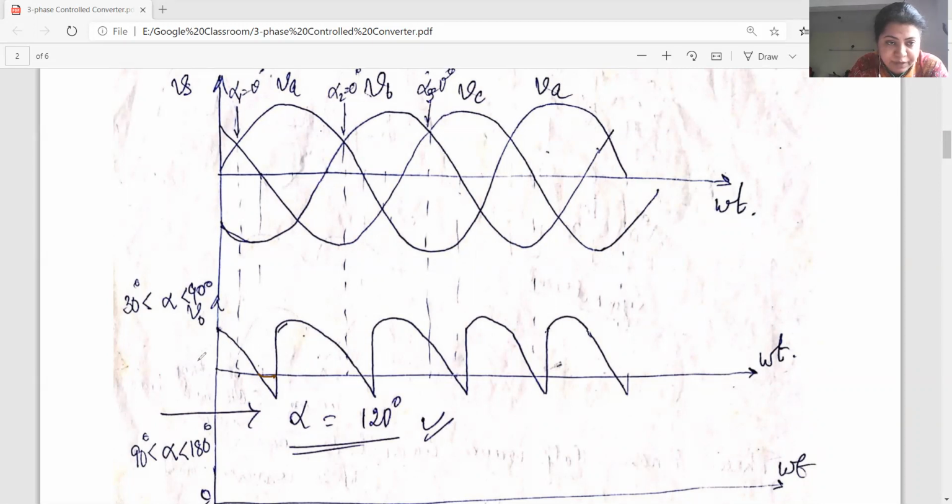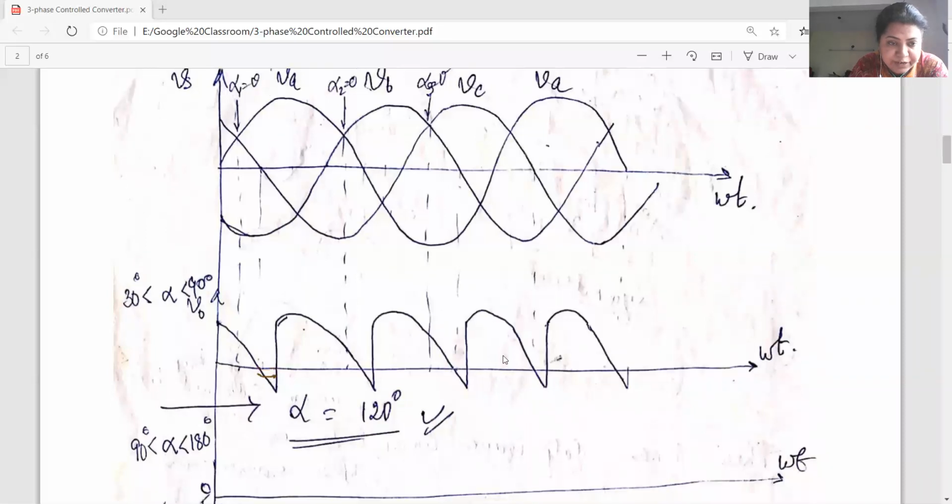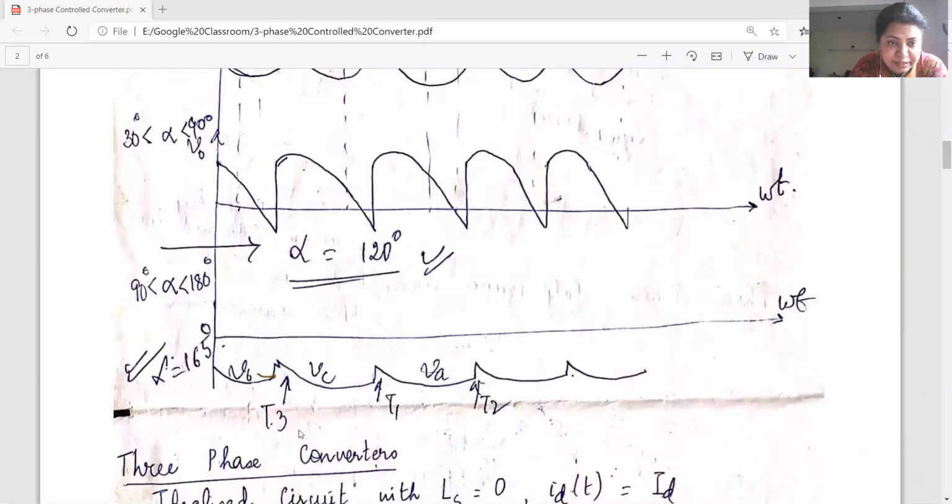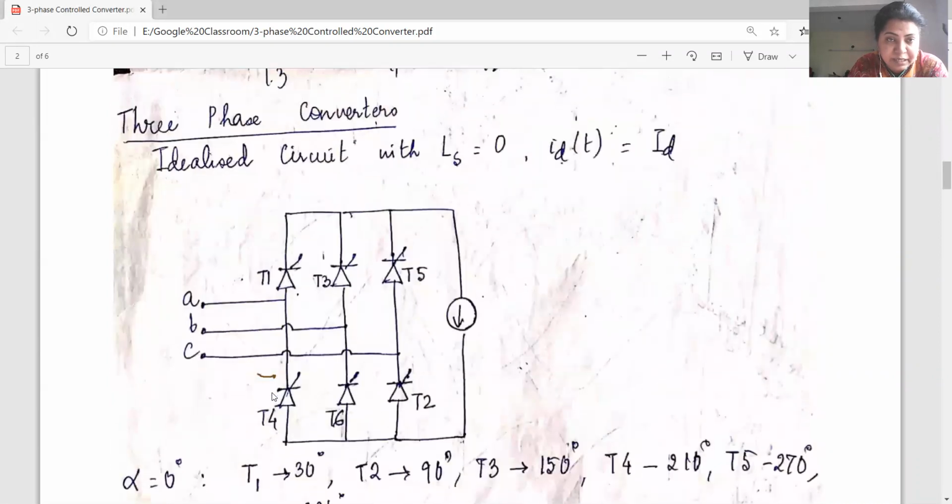This is for alpha greater than 30 degree, less than 90 degree, and for alpha greater than 90 degree, less than 180 degree, this behaves like an inverter circuit. It's an inversion operation. So this is a rectification operation, and this is an inversion operation. So this is an M3 converter with R load and RL load explained. Now we will see three-phase converters, three-phase full converters.